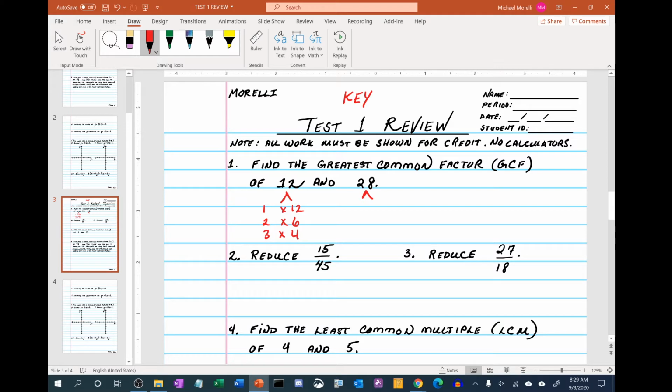Do the same thing for 28: 1 times 28, 2 times 14, and 4 times 7. What I'm looking for is the greatest common factor, and that would be 4. So the answer here is 4.